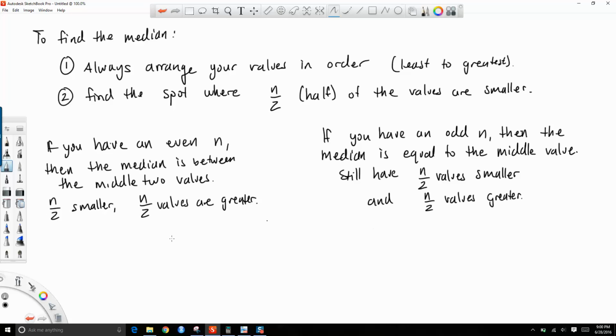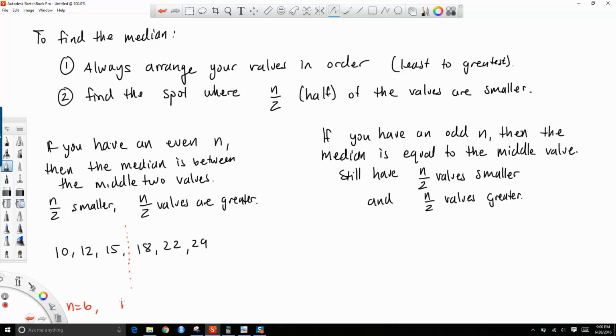So over here, let's say I have 10, 12, 15, 18, 22, 29. Okay, 6 values, so n is equal to 6.